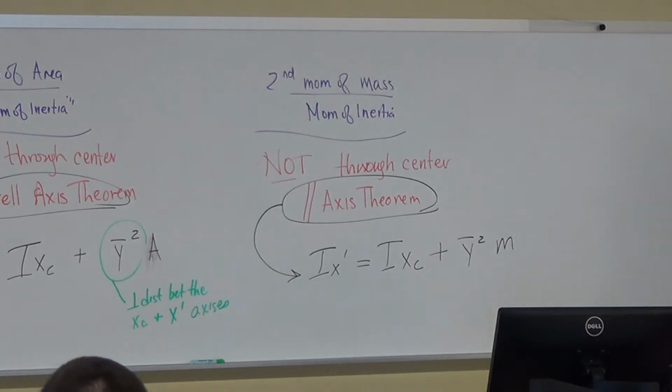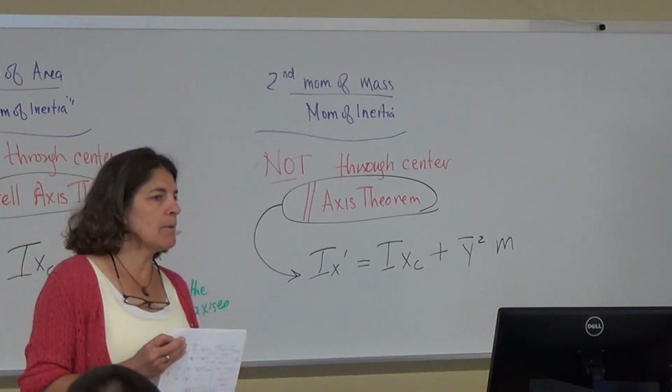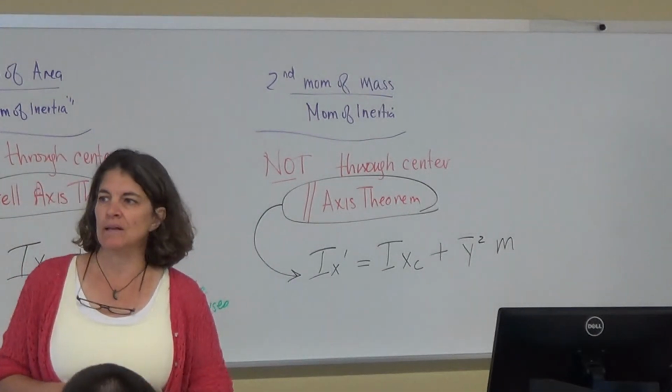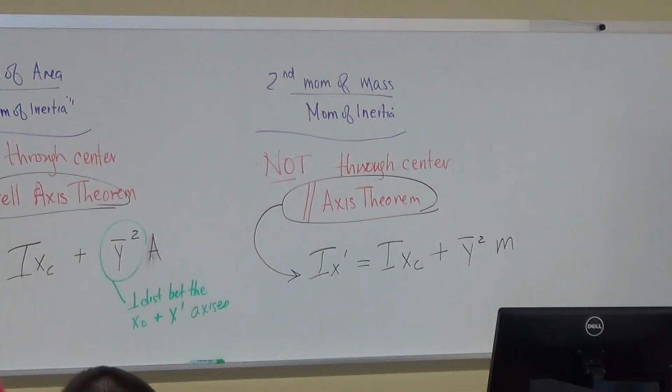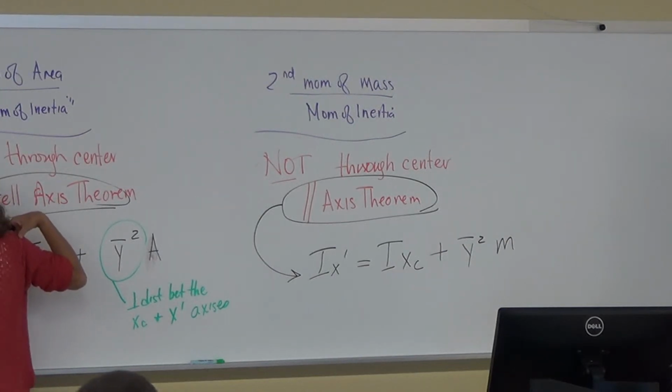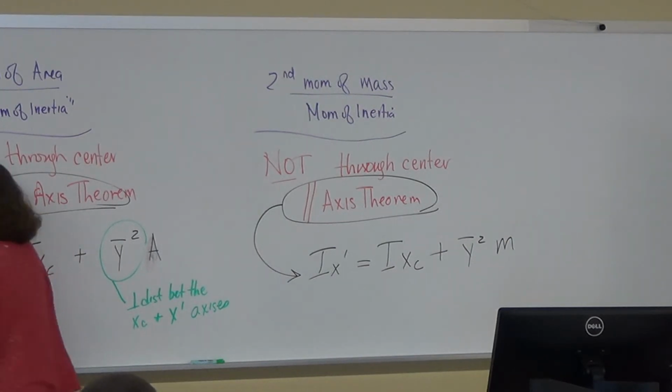And then what was the last column supposed to be? Remember I mentioned this at the end of last class. I ran out of room, so I don't have the last column, but what should that last column have been? Area times y bar. Right, so the first column was the section. The second column was the critical component, which in this case was the area. Next column was the y bar, and the last column should have been the area times the y bar.